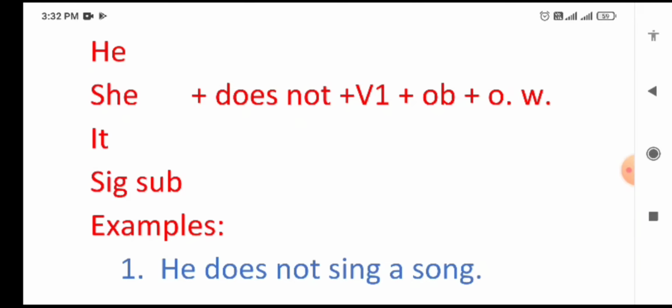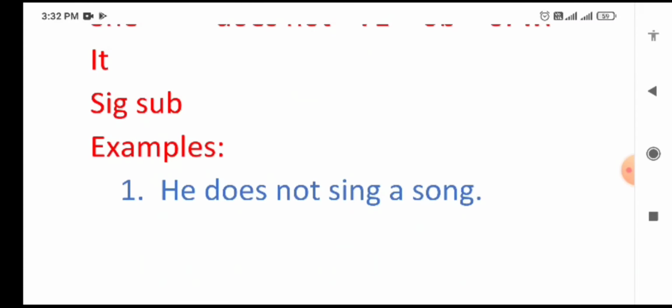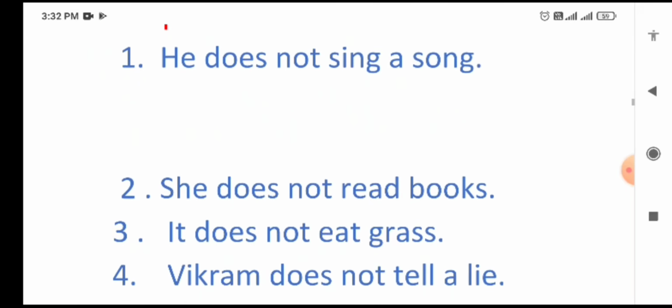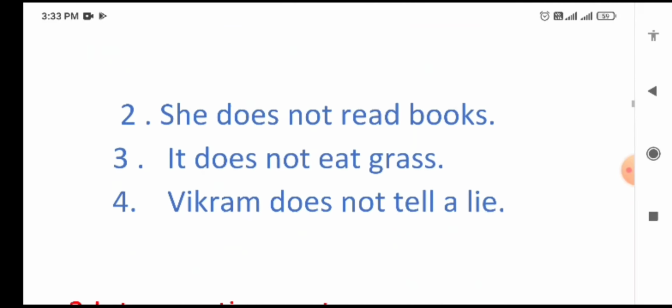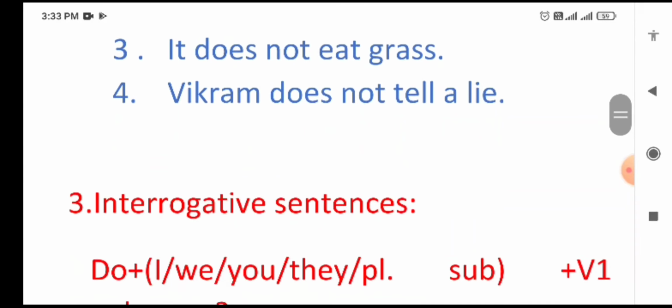So if you are using does, then you have to use only first form of verb without s or es. Examples are: he does not sing a song, she does not read books, it does not eat grass, Bikram does not tell a lie. Note here the verbs and helping verb.